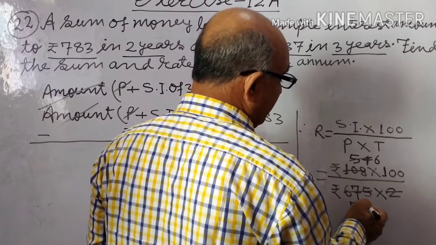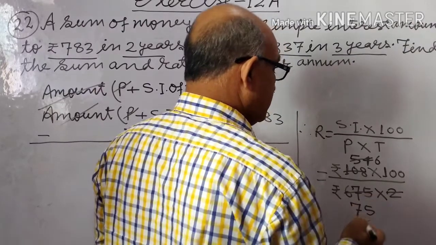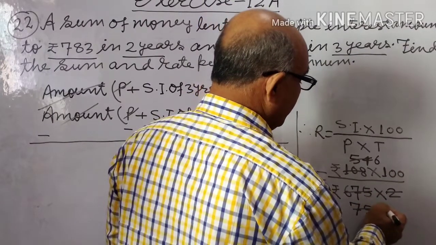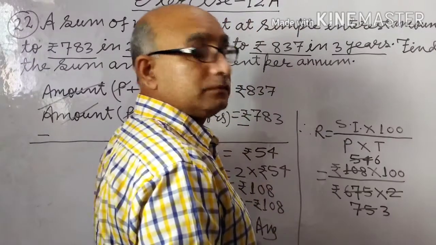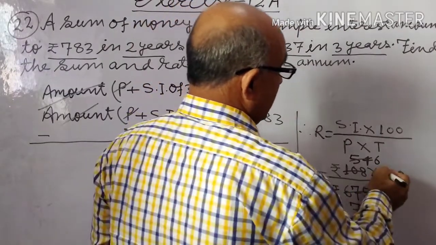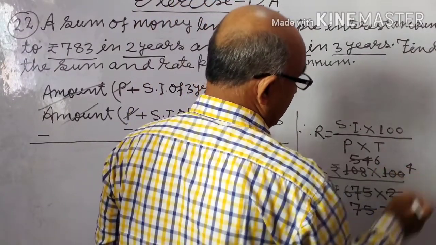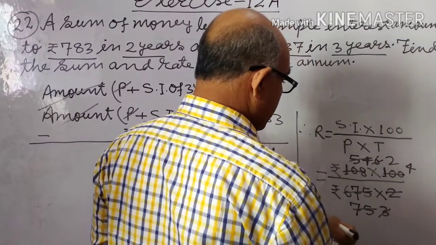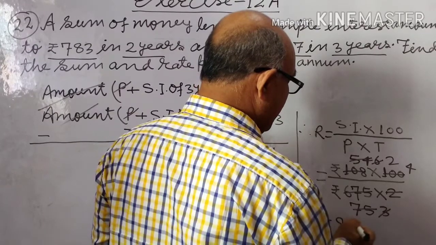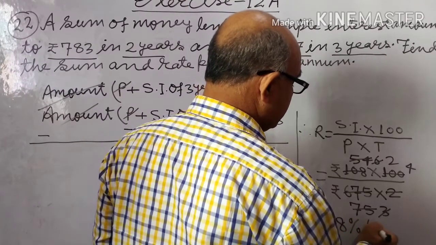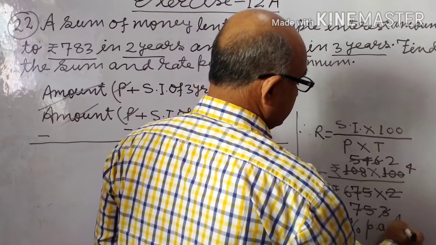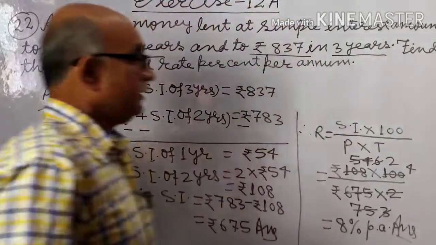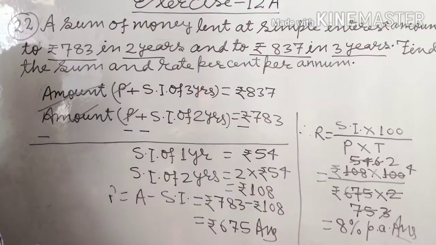So 9 5 is 45. Now 25 times. 25 3 is 75 and 25 4 is 100. 3 2 is 6, equal to 4 2 is 8% per annum answer. Understand and write it.